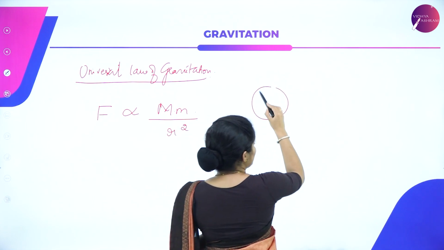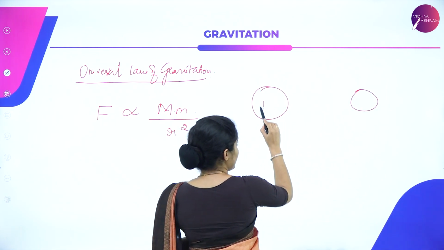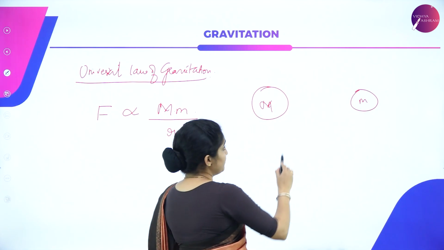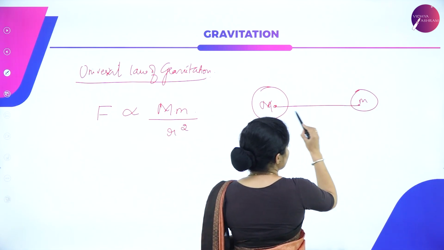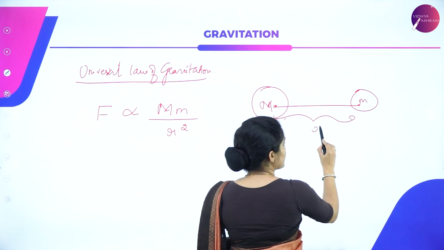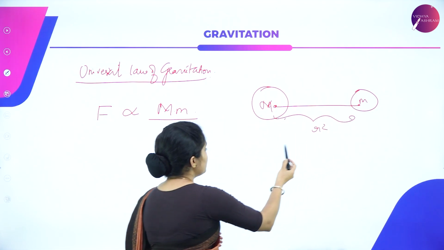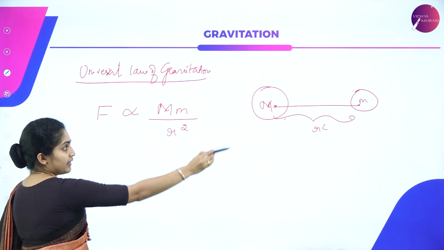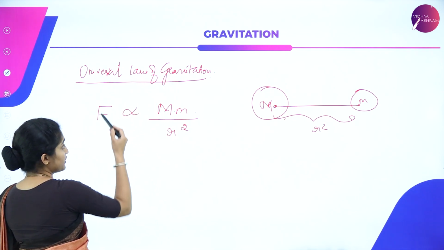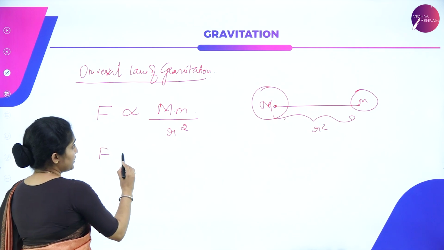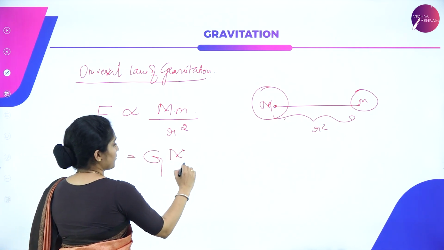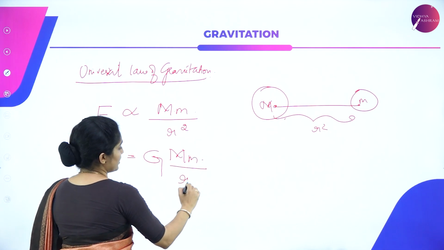Suppose you consider two objects over here, one with mass capital M, another with small m. The distance between these two is r. The force of attraction is directly proportional to the product of masses and inversely proportional to the square of the distance between them. As you remove the proportionality constant, you have F equal to G M m divided by r square.